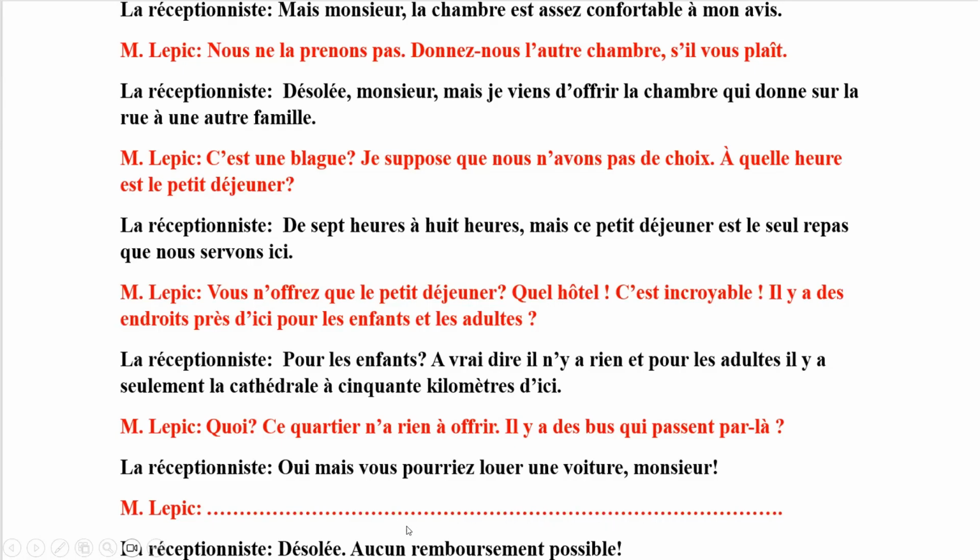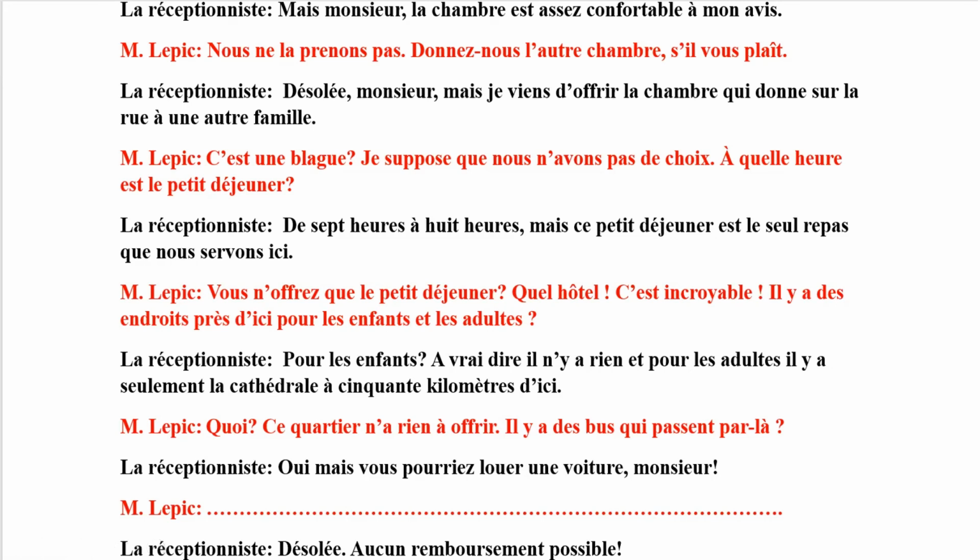So remember, it's important to read what is written below. So here we have, yes, but you could rent a car, sir. And below here, the receptionist says, désolé, aucun remboursement possible. Sorry, no refunds are possible.